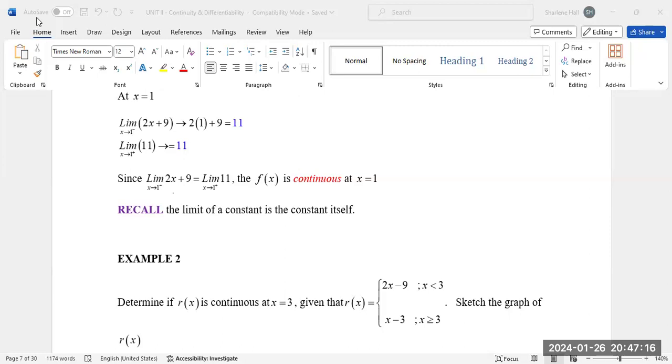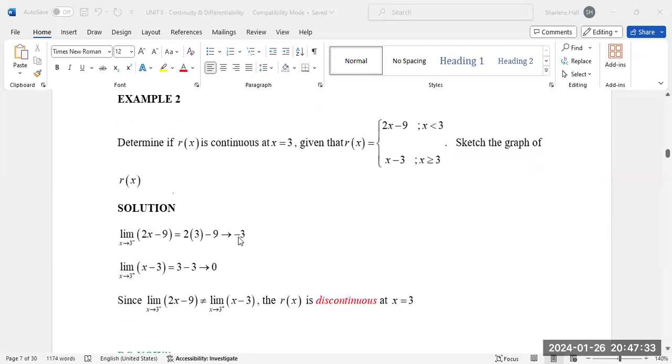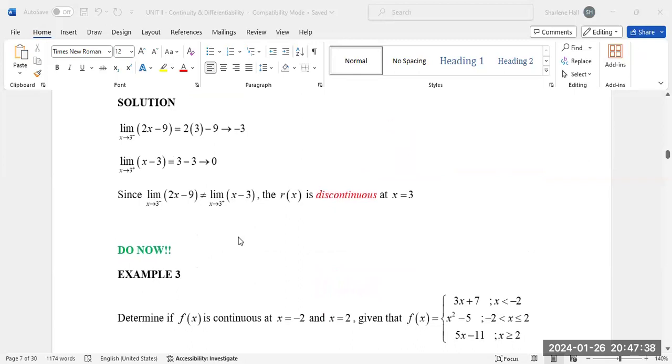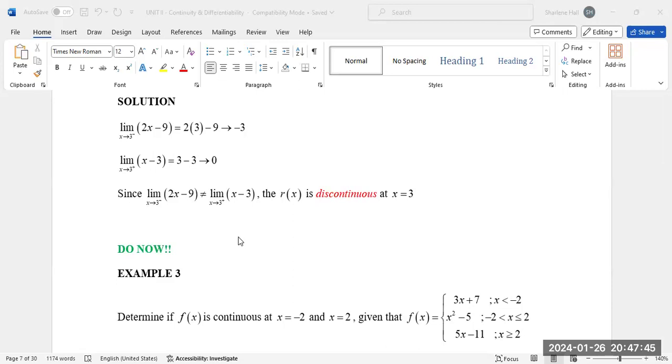What values did you get? -3, 0. Good job. Excellent work. There goes another. The more you do, the better you get at it, and the faster you get at it. So quick and fast.